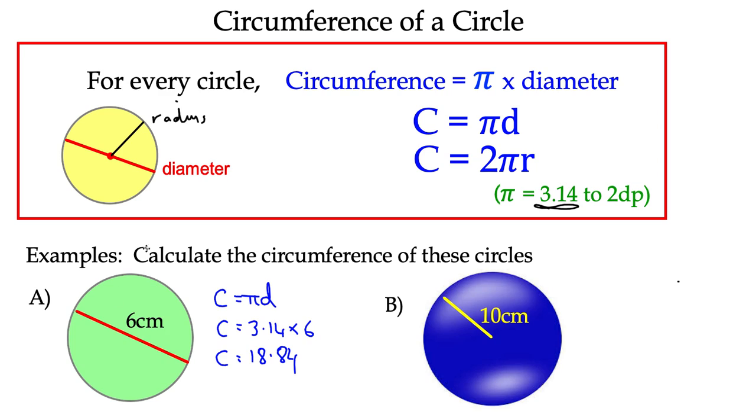Now remember that the circumference is effectively a linear measurement. It's not a straight line, but it is a line, and it's not area or volume. So the circumference, just like any perimeter, is in centimeters or millimeters or meters: 18.84 centimeters.